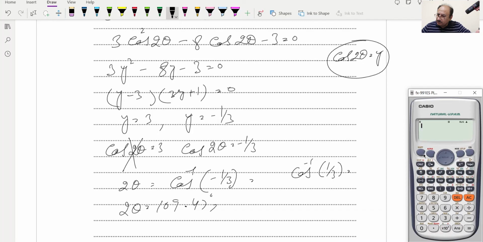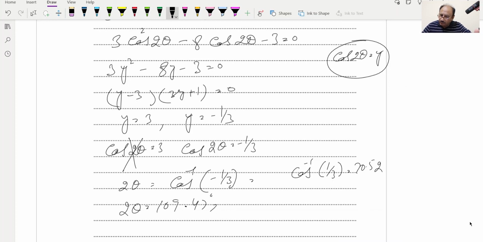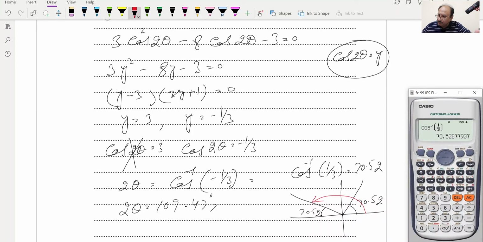Shift cos of 1 over 3 is equal to 70.52, and we can check the other angle, which will be 180 minus 70.52. 180 minus this answer is equal to 109, which we have done.